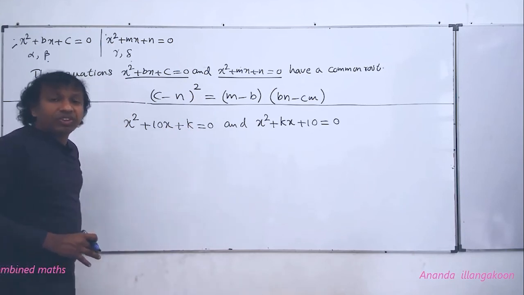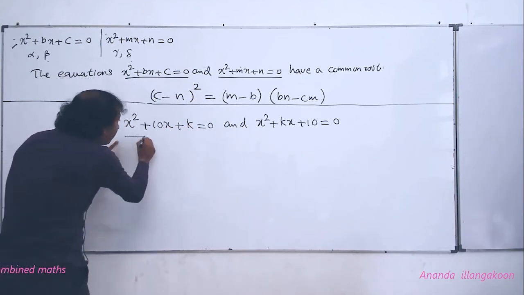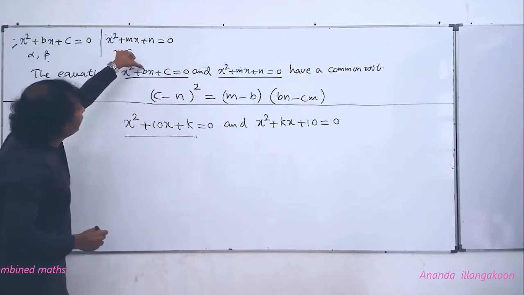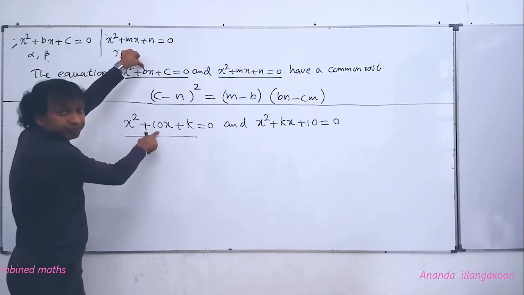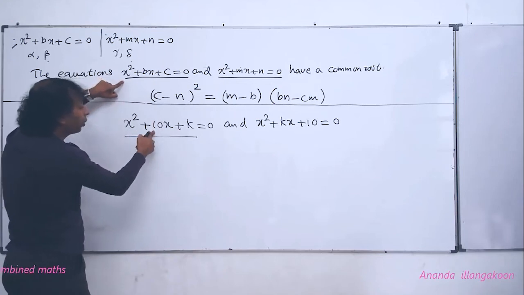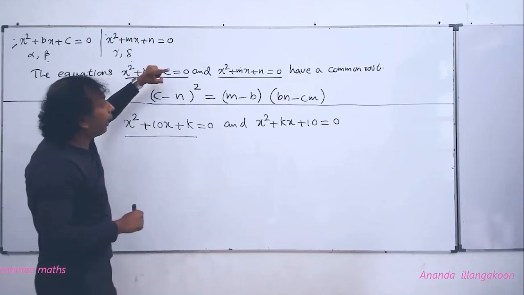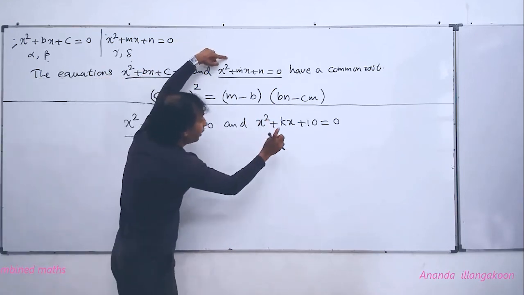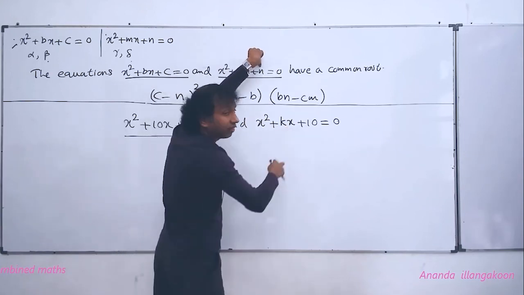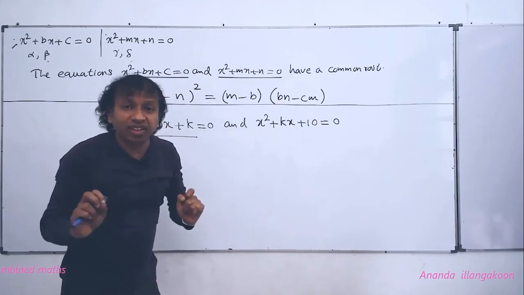Now people, you can see like this. This equation, we can obtain b is 10 here, c is k. And by this equation we can obtain m is k, n is 10. Like that we can very easily make a comparison.